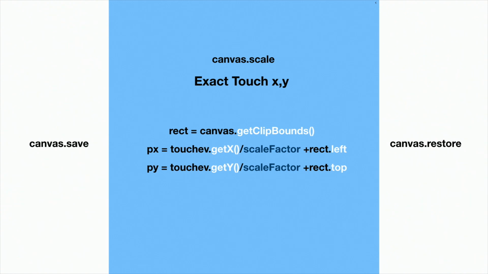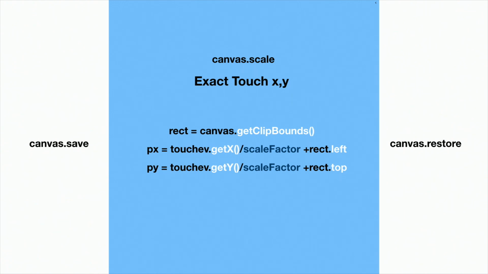What you're missing is accommodating for the scale factor and the clip bounds of the local coordinates. So if you think your hit logic is not working, that's because you haven't accounted for the scale factor and the local coordinates clip bounds.